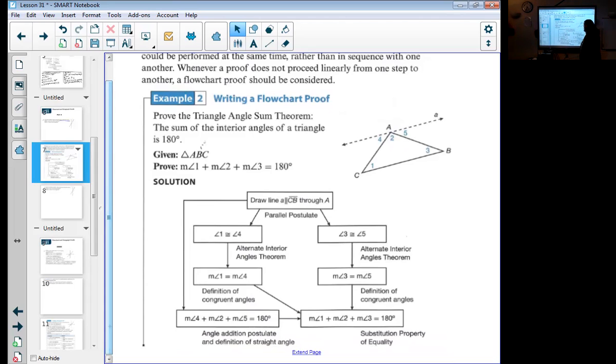It first starts off with: draw a line, line A, that is parallel to line CB and goes through A. We start off with that, and we can say that because we are constructing that line. Now we have angle 1 is congruent to angle 4.